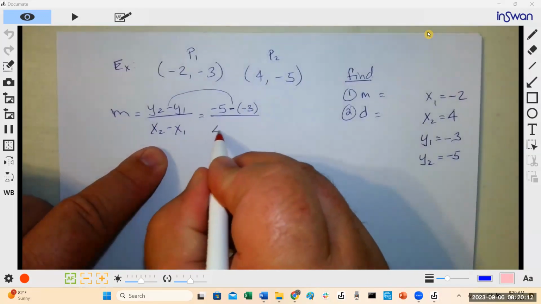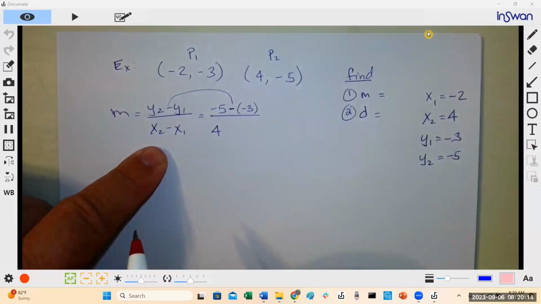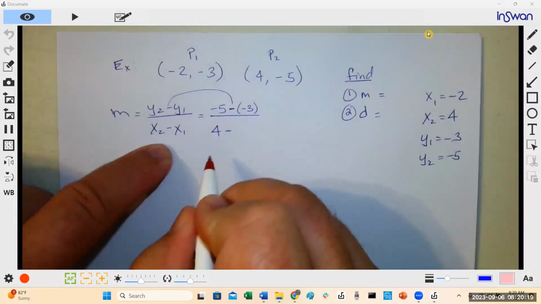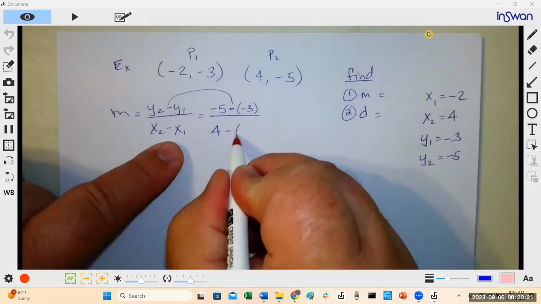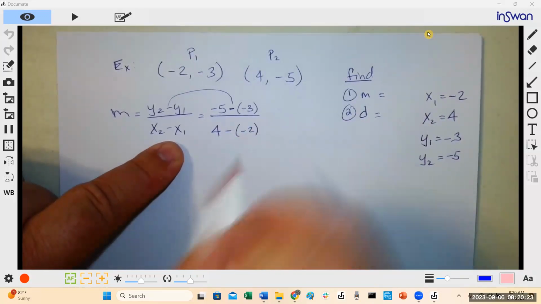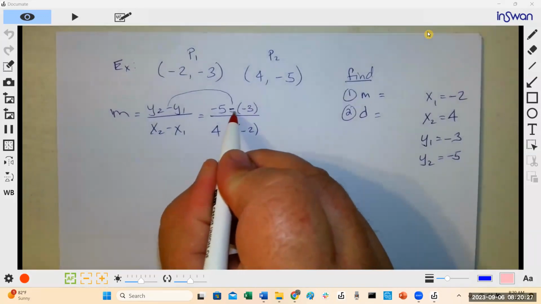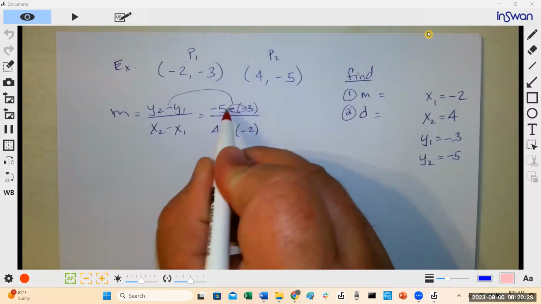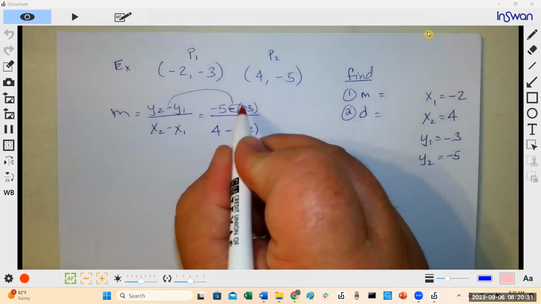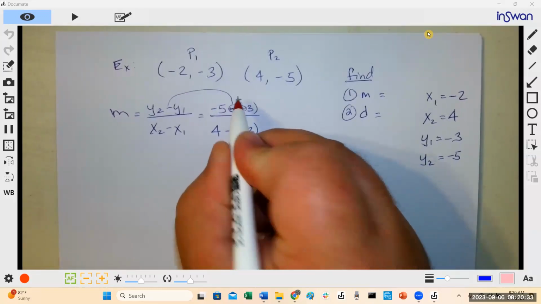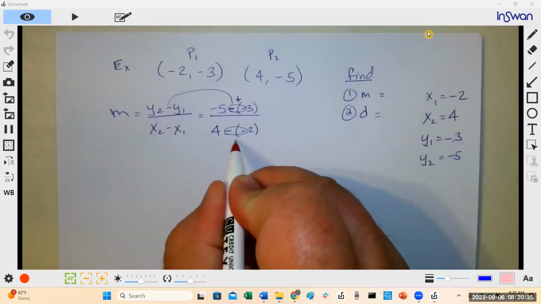X2 is 4, minus X1 is -2. Okay, we can't have two signs next to each other, so a negative times a negative is a positive. A negative and a negative is a positive.